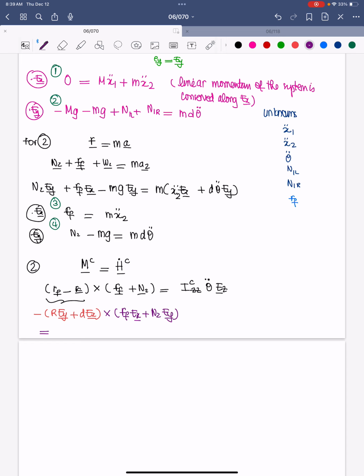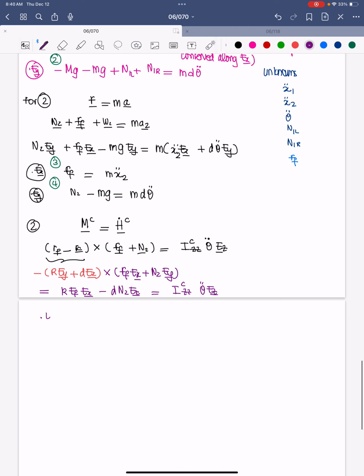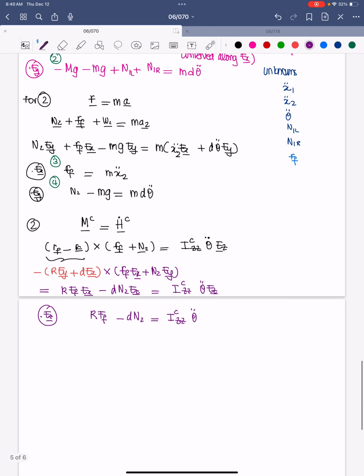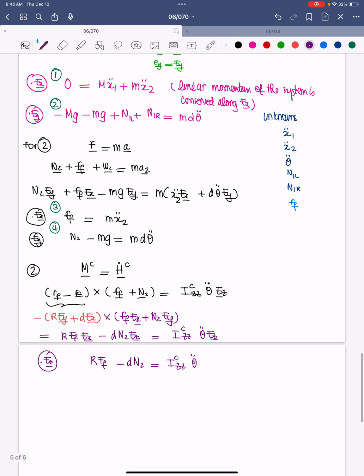That's equal to R FF EZ minus D N2 EZ, equal to IC ZZ theta double dot EZ. Okay, so dotting with EZ, I get that R FF minus D N2 is equal to IC ZZ theta double dot. Wow. Okay, that's the fifth equation.